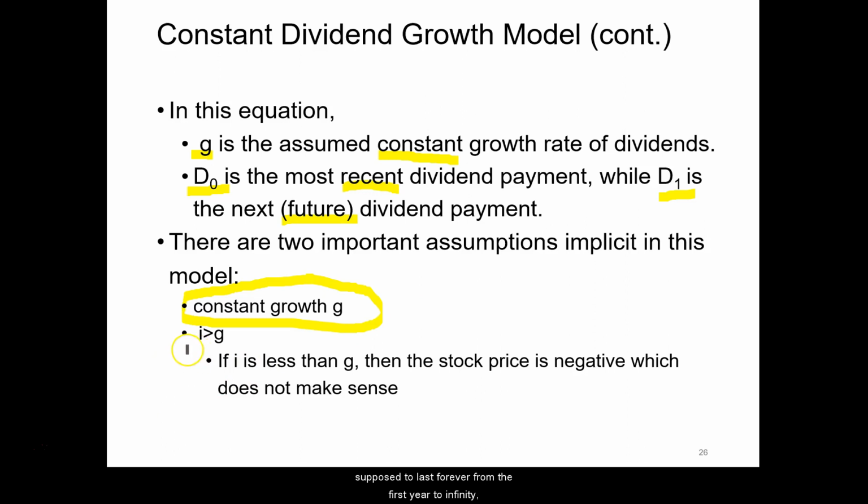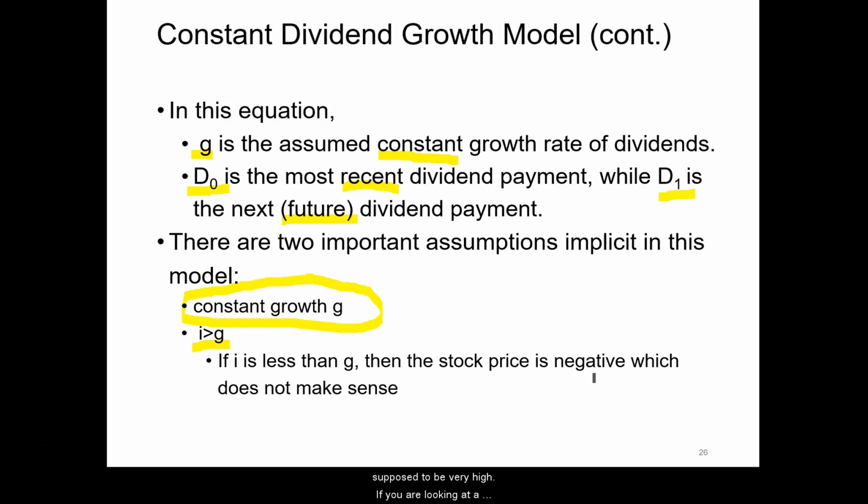And also, we need the required rate of return, I, to be greater than the growth rate g. Because mathematically, remember in the denominator is I minus g. If I is actually lower than g, then the stock price result will be negative, which doesn't really make sense at all. In other words, g is supposed to be lower than the I. This also means g is not supposed to be very high.